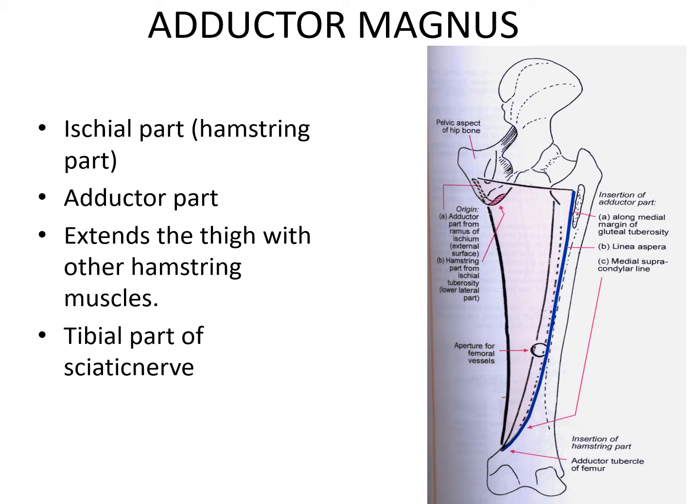You see this diagram here, there is the adductor magnus muscle. It arises from the ischial tuberosity at the hamstring part, and it also arises from the obturator foramen. These are the adductor compartment of the muscle, or the medial compartment. The insertion is at the adductor tubercle.